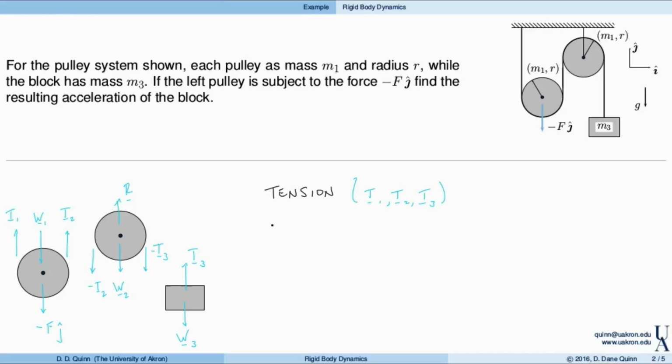Then the reaction force, and that we've denoted as R. The weight of all of the objects, so W1, W2, W3, and finally the external force.